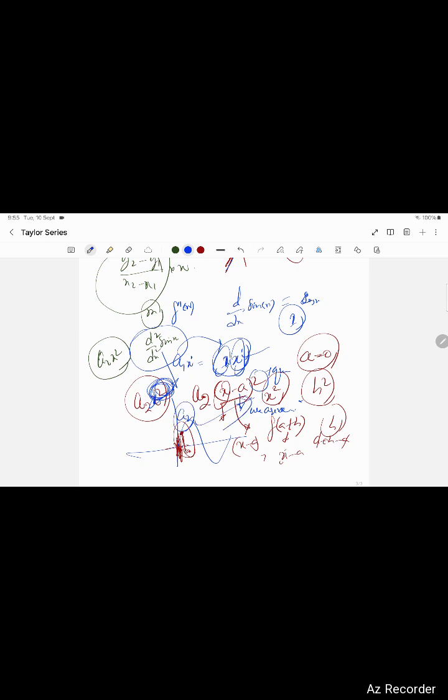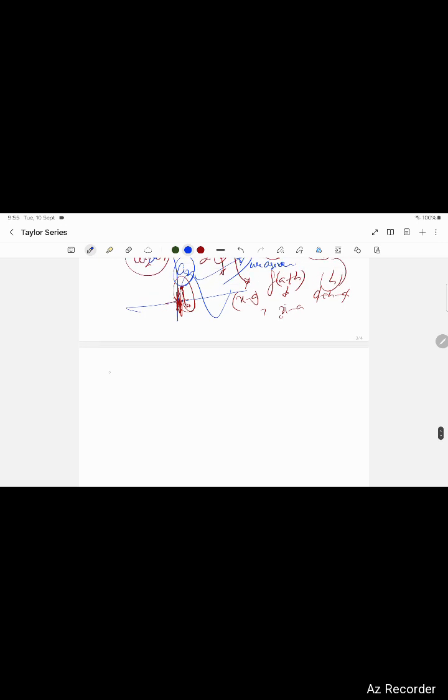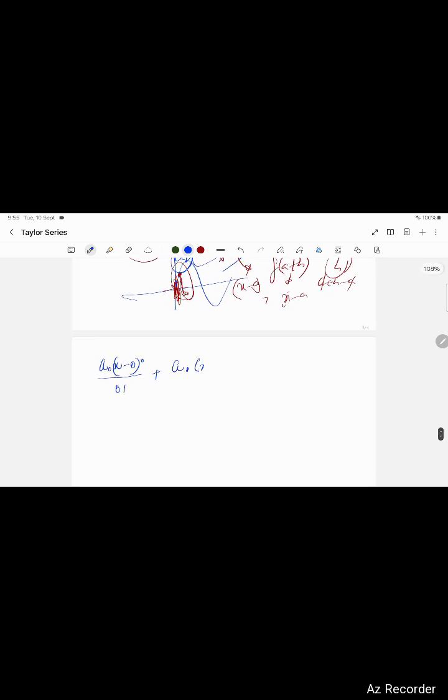We will perform it two times and we will get a coefficient, that will be a2. In the same way we can calculate the rest of the coefficients, and we will have the value for every coefficient in the Taylor series. That is, a naught times x minus a to the 0 divided by 0 factorial, plus a1 times x minus a to the 1 divided by 1 factorial, plus a2 times x minus a squared divided by 2 factorial, and so on.